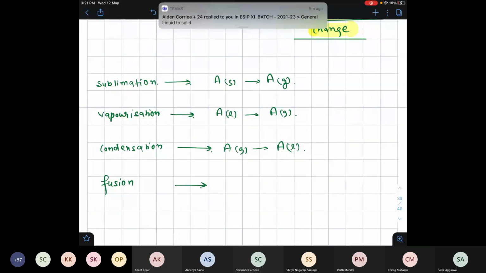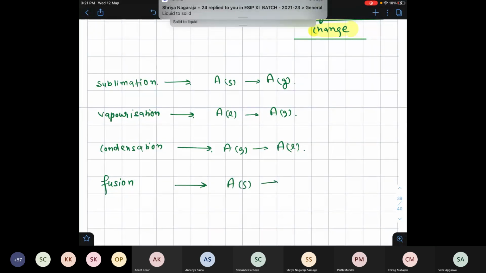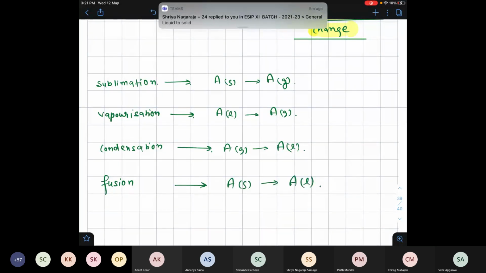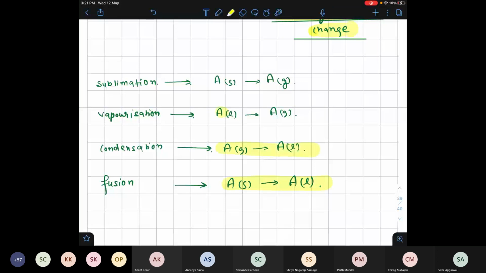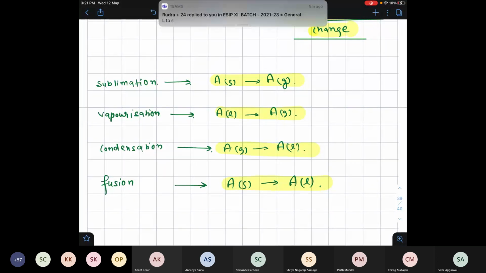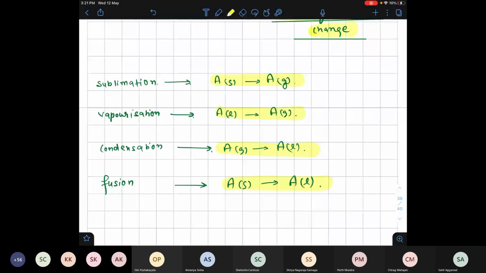Fusion. Solid to liquid. So there's also solidification now. That can be reversed, just the reverse form.